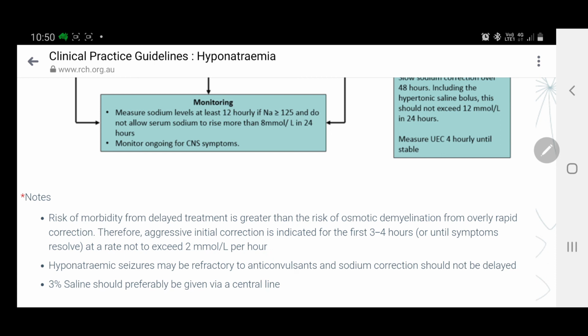The second thing is hyponatremic seizures may be refractory to anticonvulsants, so sodium correction should not be delayed. That's why we treat seizures due to hyponatremia aggressively at first. And remember that 3% saline should preferably be given via central line.